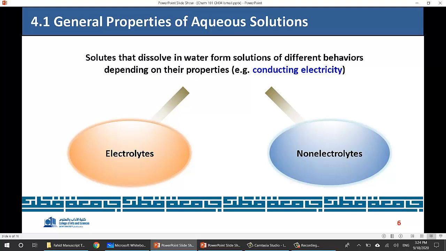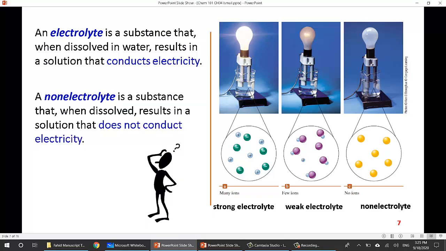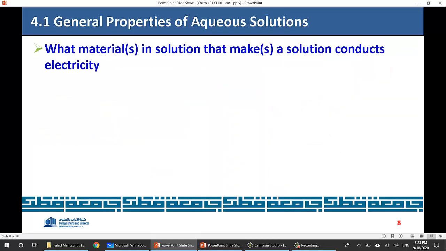There are materials that do dissolve in water, like sugar, but they are not electrolytes. Sugar does dissolve in water, but that doesn't mean it's an electrolyte. It's a non-electrolyte. An electrolyte is a substance that, when dissolved in water, results in a solution that conducts electricity, and a non-electrolyte is a substance that, when dissolved, results in a solution that does not conduct electricity because there are no ions in it.